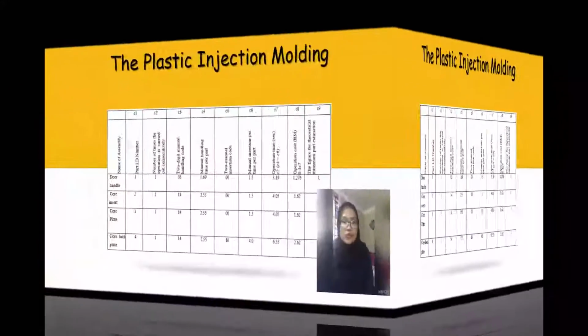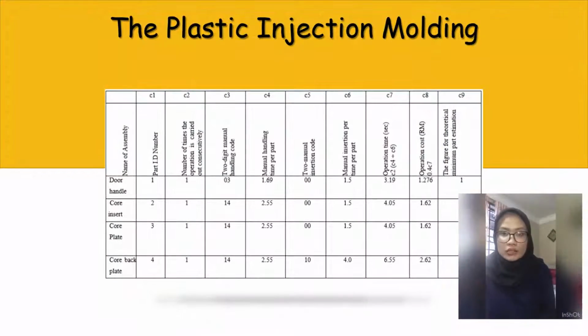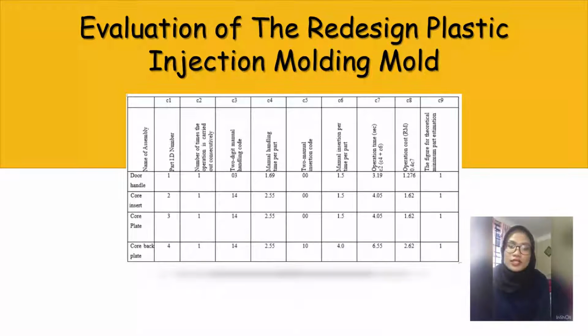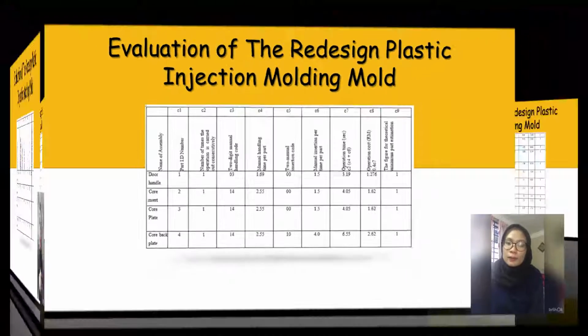This table shows the original evaluation and calculation of the injection molded plastic that refers to the B&D manual handling worksheets. The first table shows the values from door handle until core back plate. The next part is evaluation and calculation from spacer until ejector guide bush.